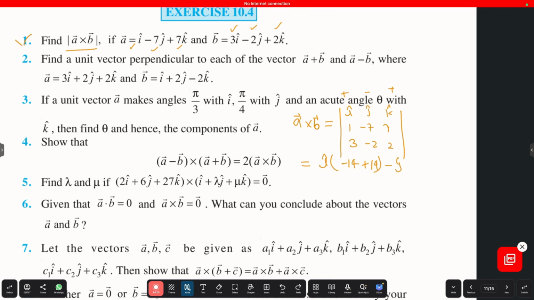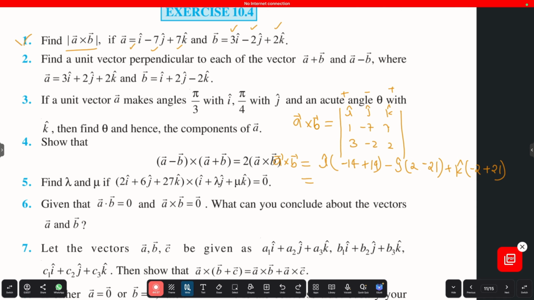Then minus J cap, this row cancel, this column cancel, 2 into 1 is 2. Then minus 3 into 7, 21. Okay. Plus K cap, this row cancel, first row, third column cancel. Minus 2 into 1, minus 2, and then plus 3 into 7, 21. So we have A cross B.